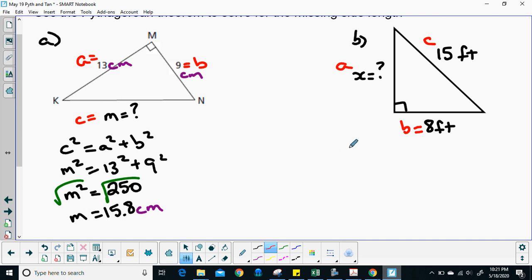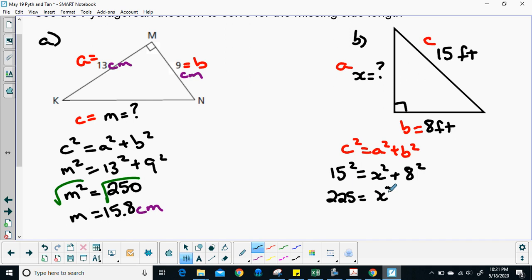The Pythagorean theorem states C squared equals A squared plus B squared. So I'm going to stick in everything I know. C is 15, so that's 15 squared. A is the thing we don't know, plus B is the other side, so there's 8 squared. Let's see, 15 squared is 225. X squared, we don't know. 8 squared is 64.